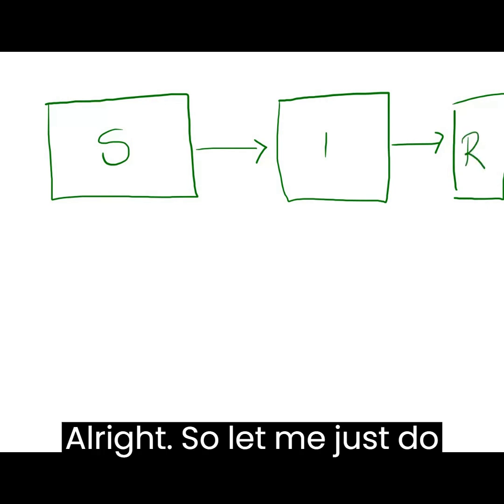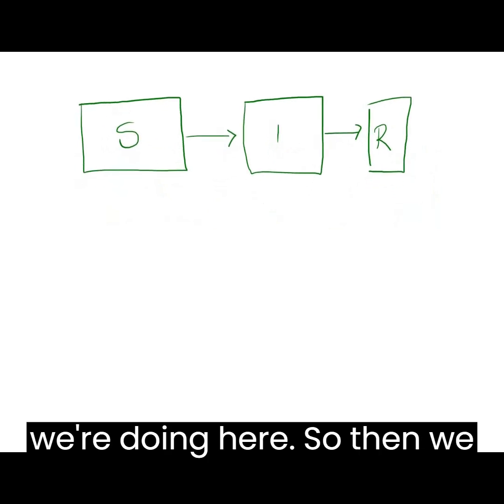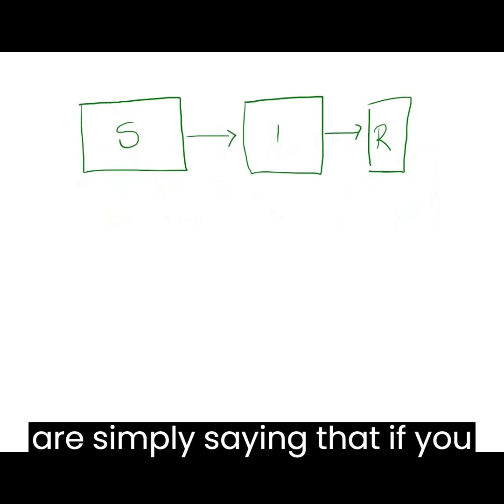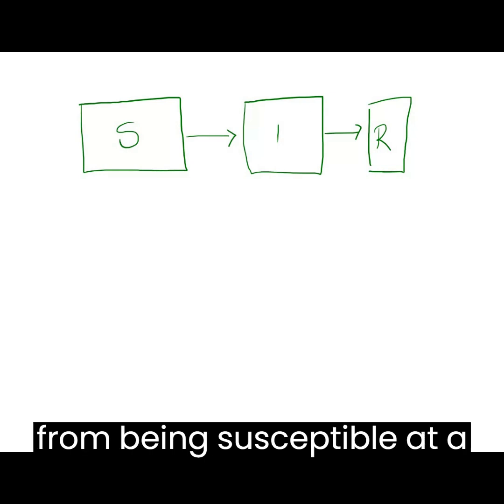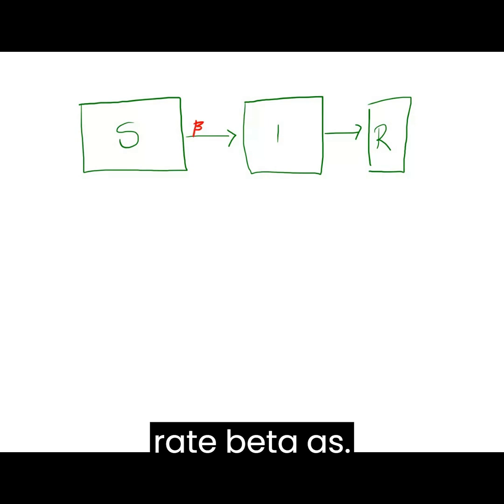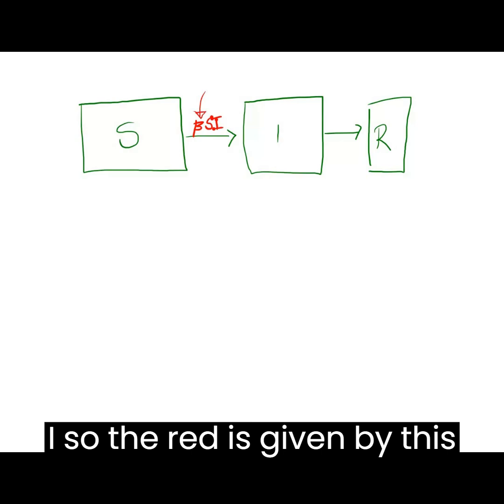All right. So let me just do this so that we can see what we're doing here. So then we are simply saying that if you are susceptible, you move from being susceptible at a rate beta S I. So the rate is given by this.